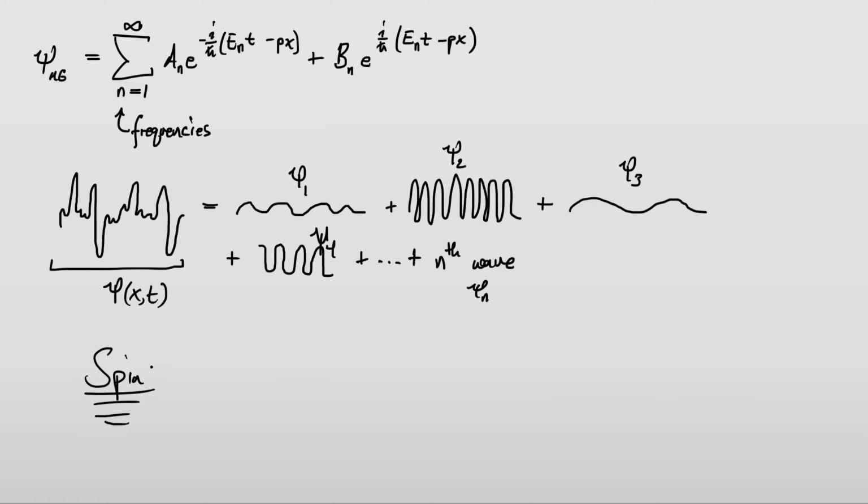We want to start talking about spin, because spin is ultimately going to lead us to the Dirac equation. So we'll have in our toolbox the Schrodinger equation and the Klein Gordon equation, and then we have to talk about spin, and we're going to develop the Dirac equation.